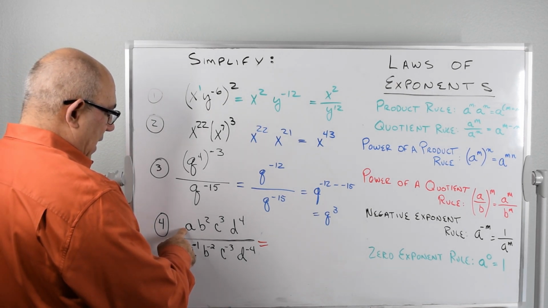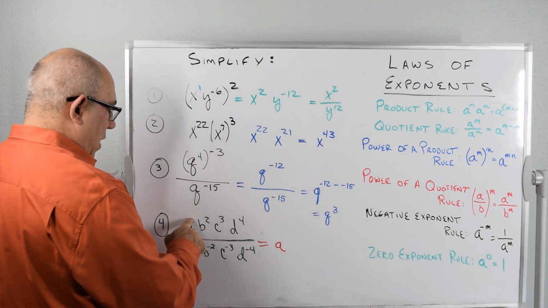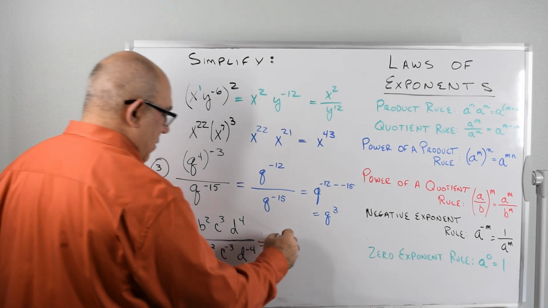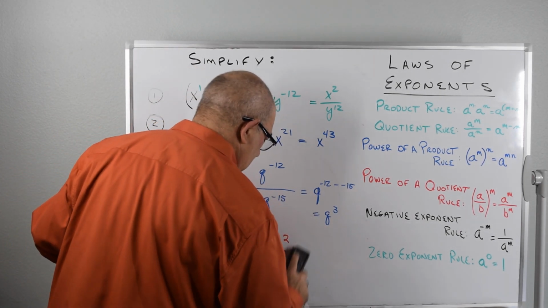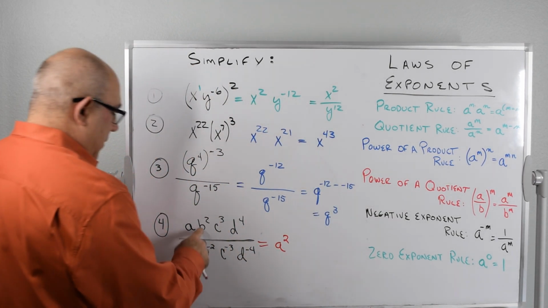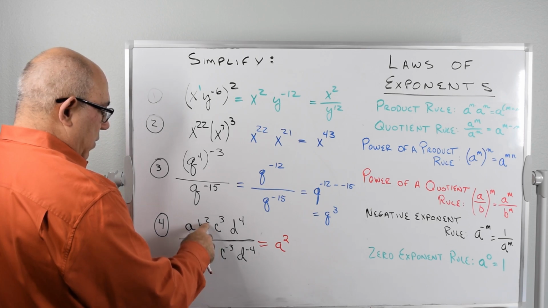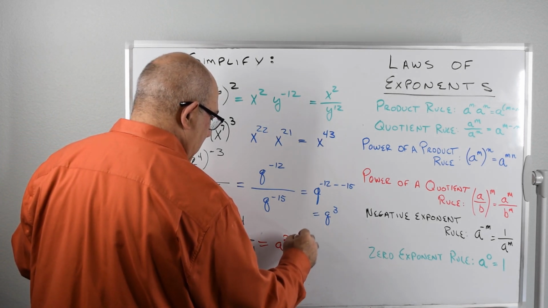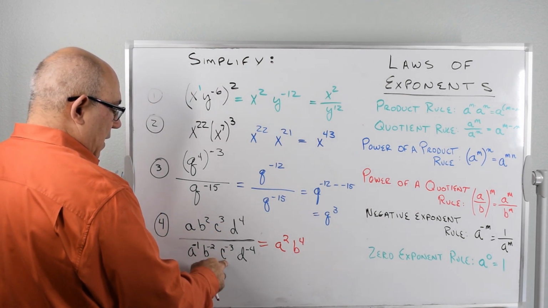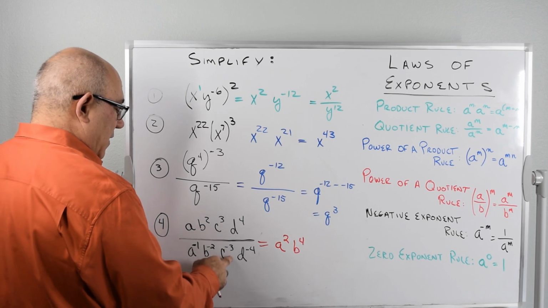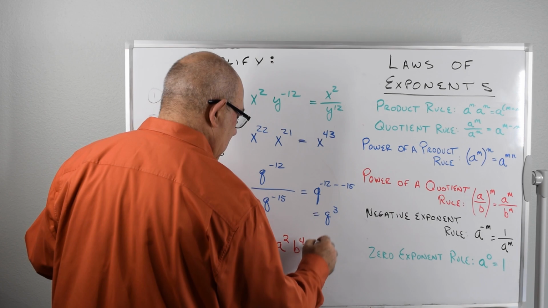So we're going to get, this is all quotient rule, a to the 1 minus a minus 1, which would be a squared, times b squared minus a minus 2, which is b plus 2, so that's b to the 4th. c cubed divided by c to the minus 3 is minus a minus 3, so that's c to the 6th.